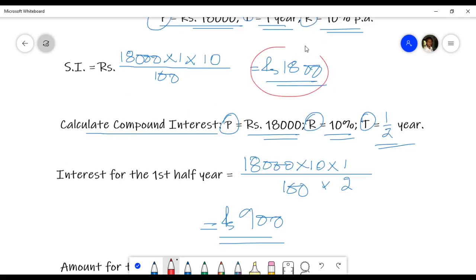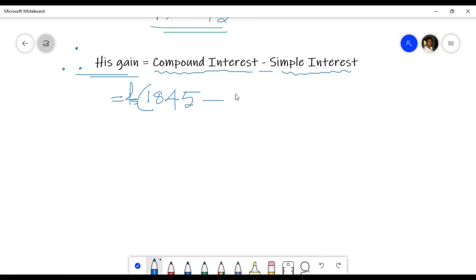We'll just replace the values. Simple interest is 1800 rupees and compound interest that we calculated is 1845. So we'll just subtract these two values and we will get the answer as rupees 45. So this rupees 45 is the profit that Ravi has gained.